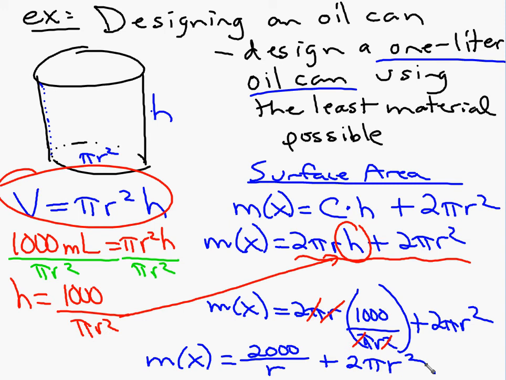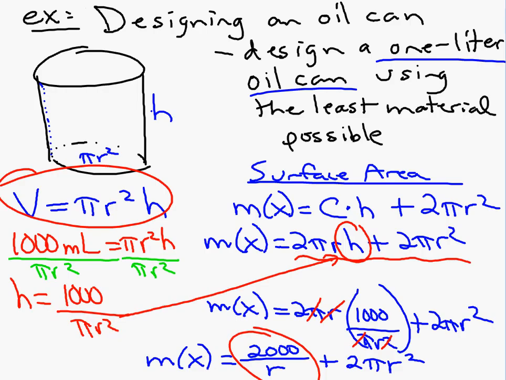And we need to write this a little bit differently because when we take a derivative, it's much better to write this as 2,000 r to the negative 1. So let's write that as 2,000 r to the negative 1 plus my 2 pi r squared.